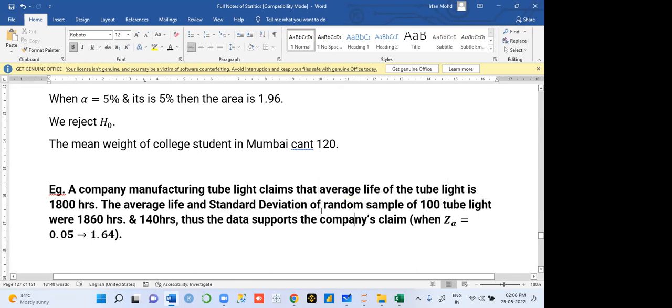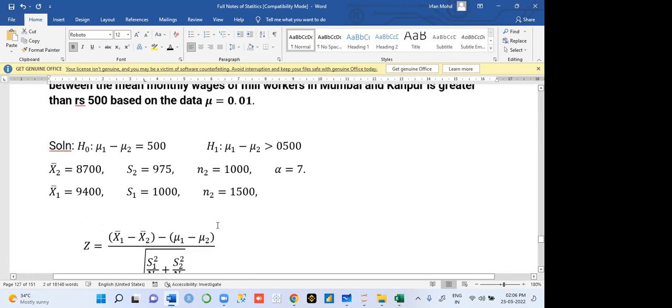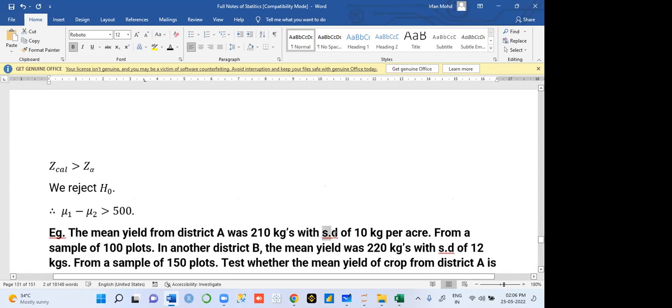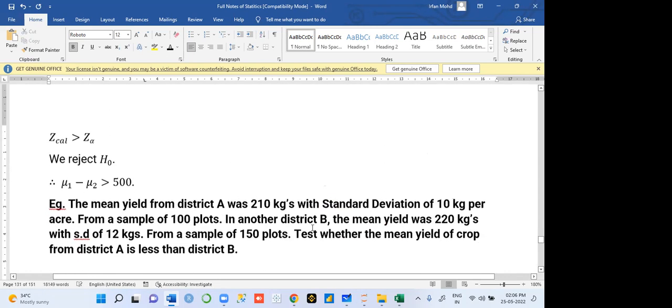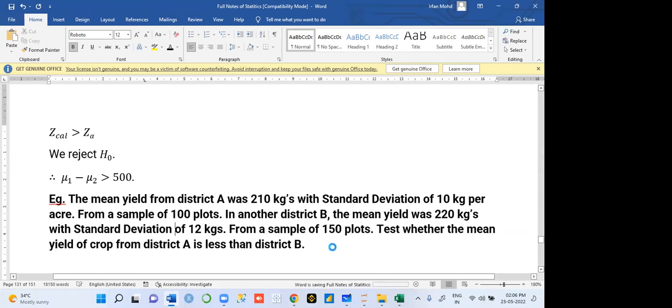You have only one sample. Can you see? Yes, sir. And if you go to two sample, how many samples do we have over here? Two samples. A and B are different now. Got the point of how to identify? Yes, sir. Thank you, sir.